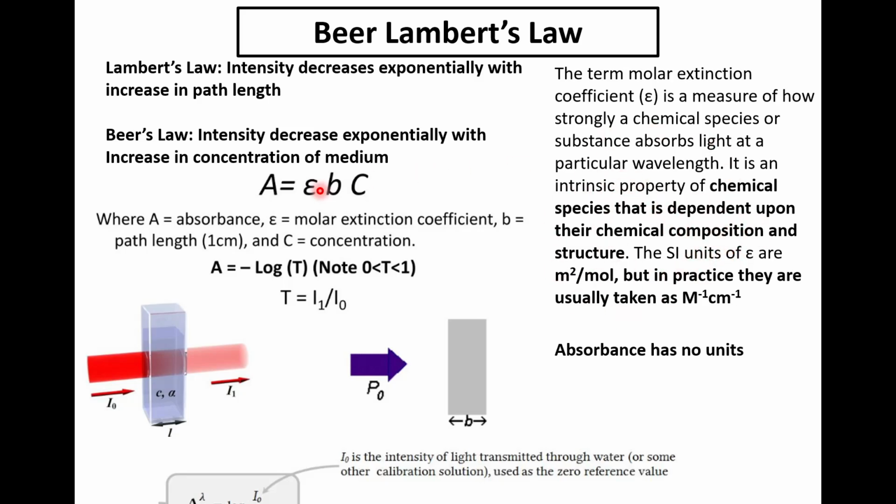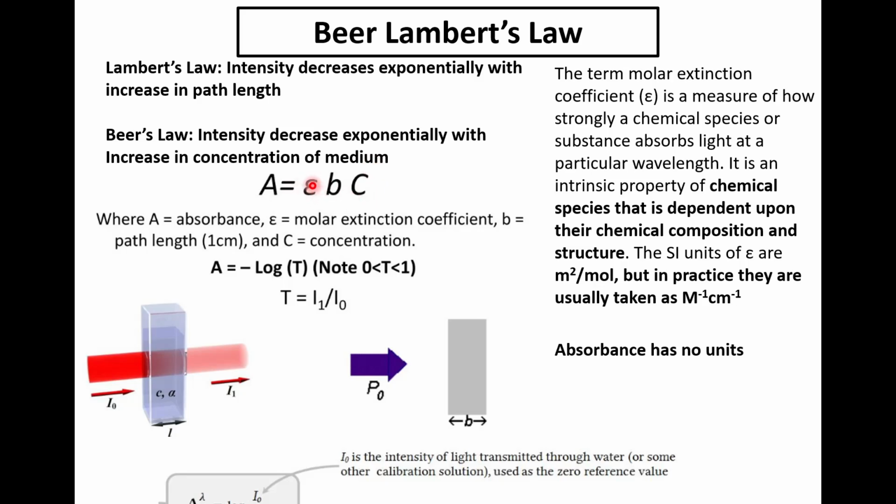And the SI unit of this molar extinction coefficient: as absorbance does not have any unit, it is unitless. The concentration has a unit of molar, and your path length has the unit of centimeter.